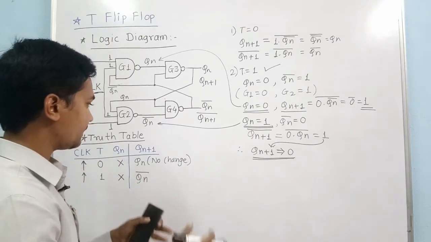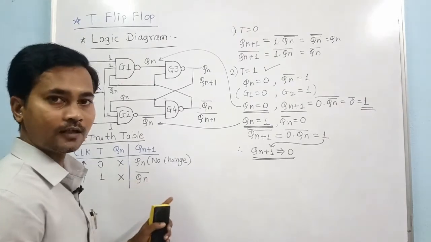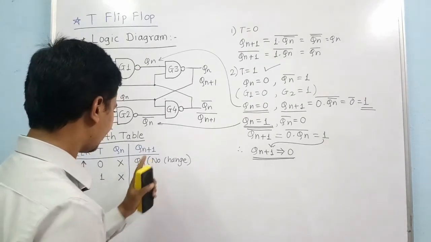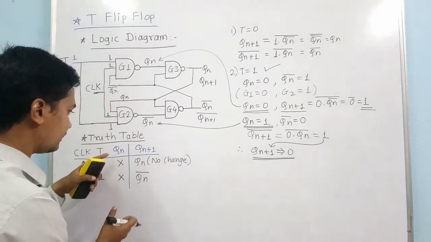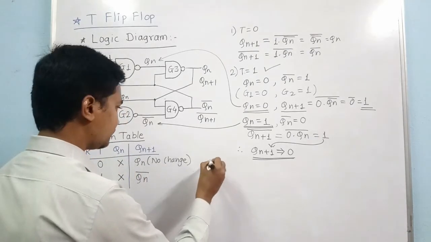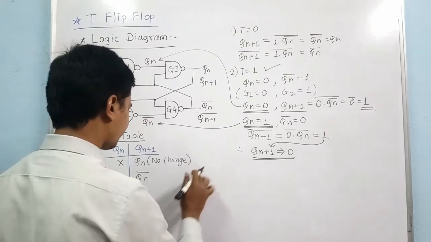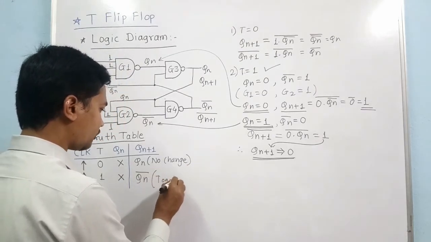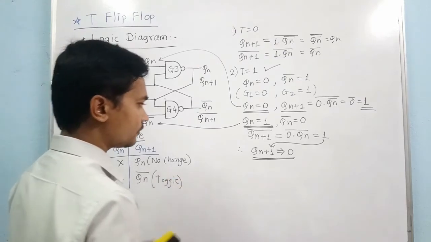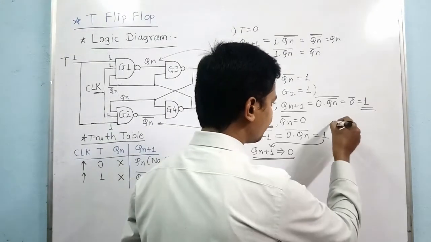So our next step is we have to find out the output equation. So from this truth table we can just expand this truth table as when t equal to 0, so this condition is called toggle. So I will write this side.